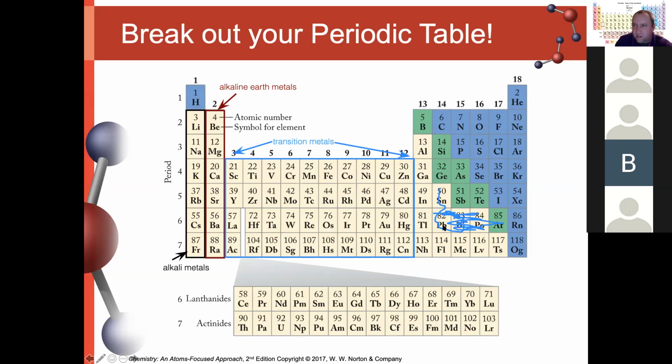Tin and lead, for example, are well known for having variable charge. Whereas even with gallium and indium and thallium rather, they tend to focus mostly on a +3 charge. You might see them with a +1 charge, but it's a lot more rare. So that's a little bit less common of a trait.